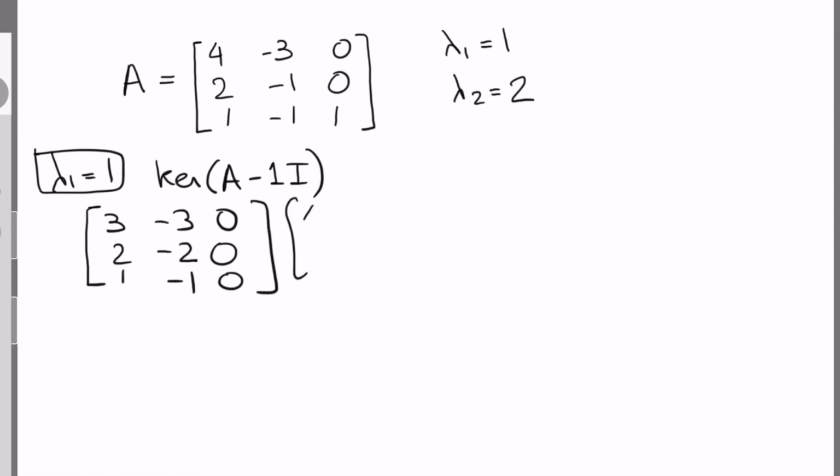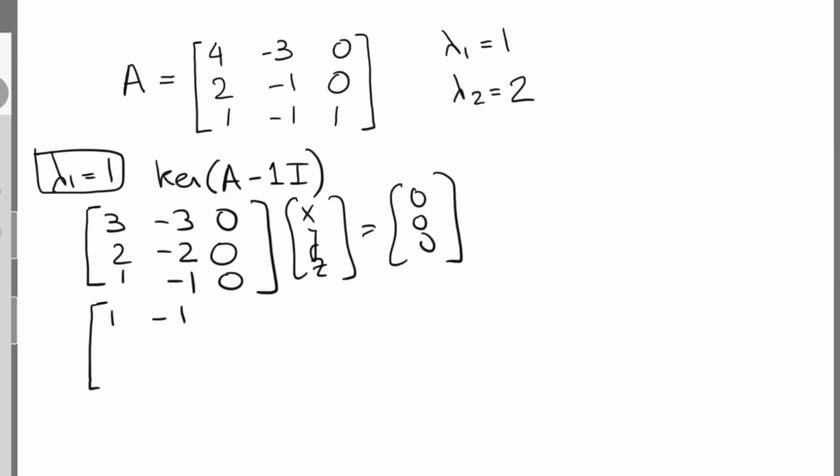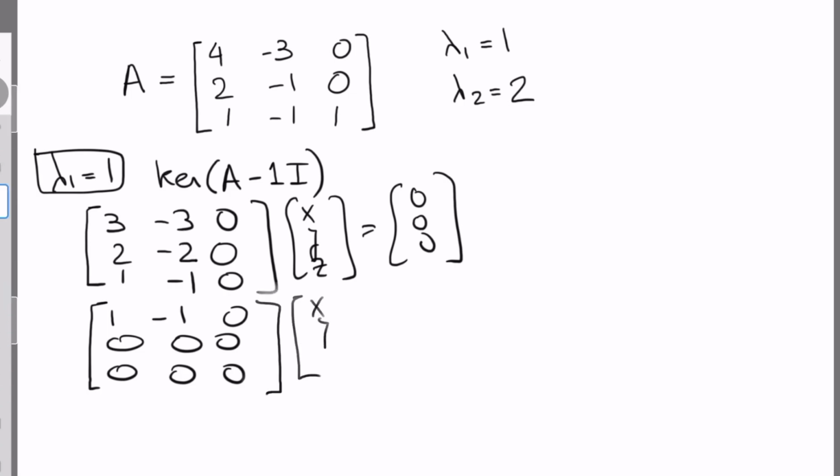So this is the matrix that multiplied by the vector should be equal to 0. So we do here the Gauss-Jordan reduction, and we will get that the first row is 1, minus 1, 0, and the other ones actually we can see that all cancel, right? So it's all 0, 0. So this multiplied by x, y, z equals 0, 0, 0.